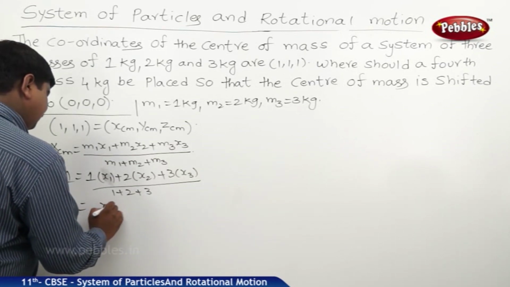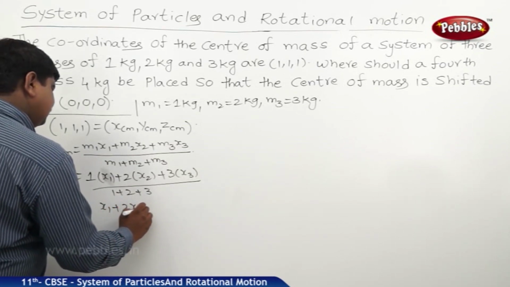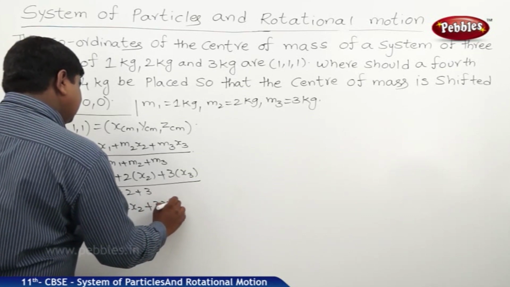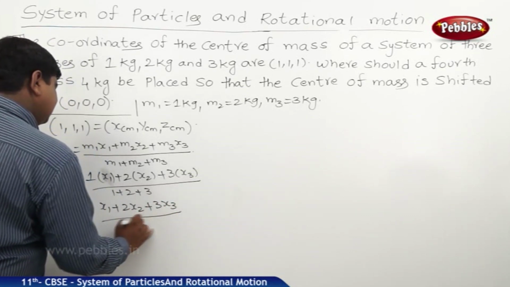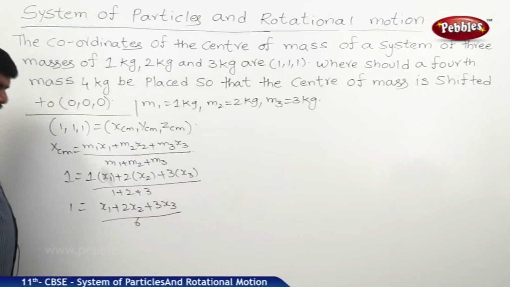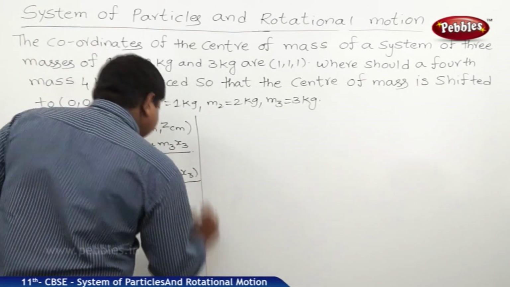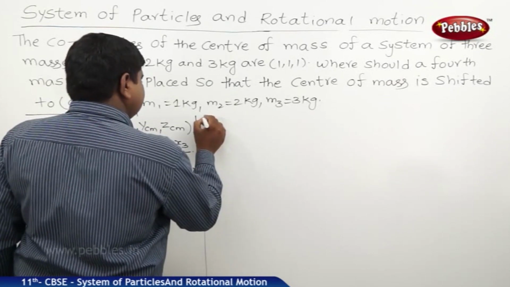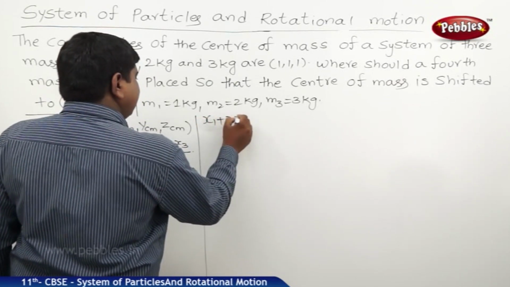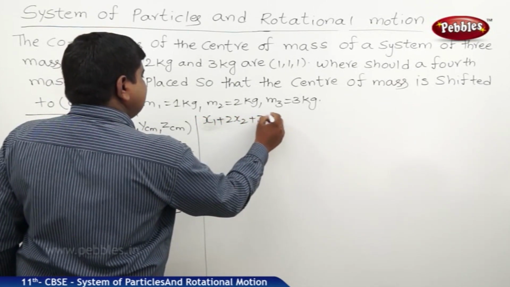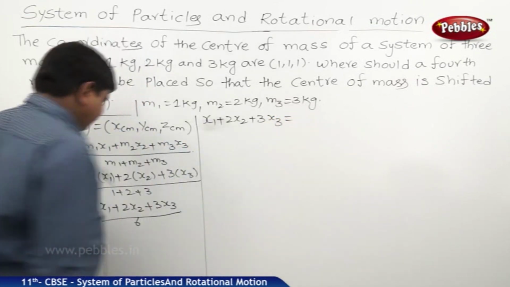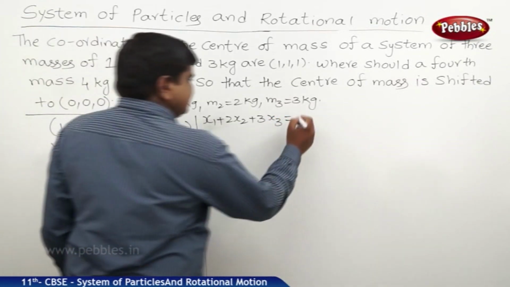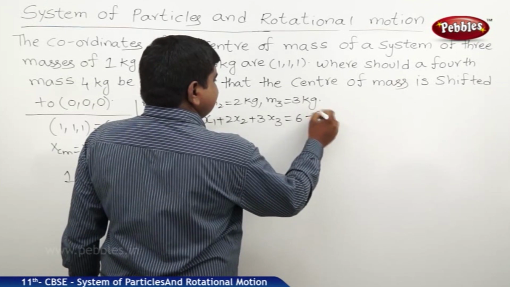So x1 plus 2x2 plus 3x3 by 6 is equal to 1. Cross multiplied, we get x1 plus 2x2 plus 3x3 is equal to 6 into 1, 6. This is one equation.